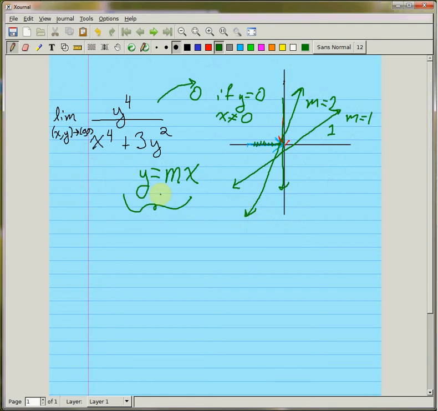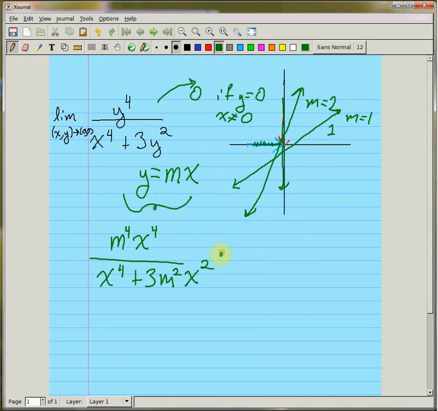All right. So let's do it. What you have to do is substitute mx in for y into this expression. So what happens if you do that? You get m to the 4th times x to the 4th on top, and on the bottom you get x to the 4th, and this becomes 3 times m squared x squared. And what's going to happen to this thing as x goes to 0?